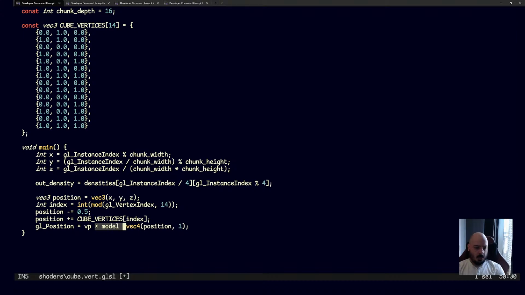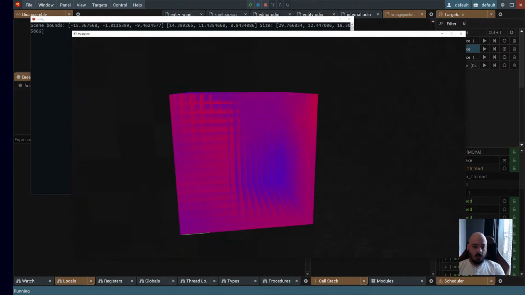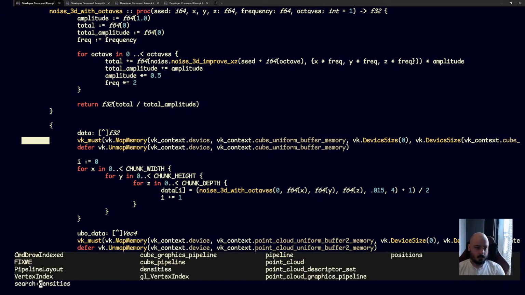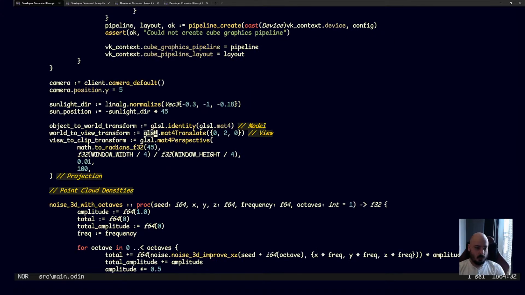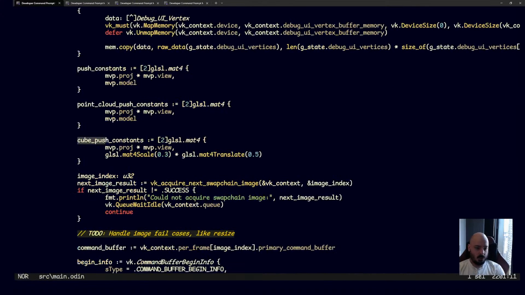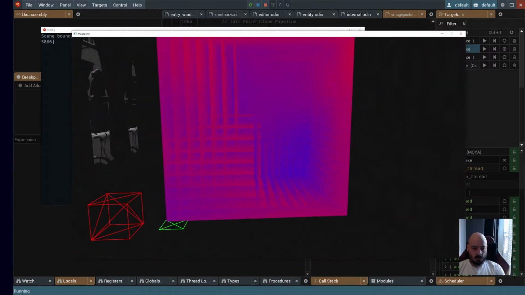Oh, I didn't add the model in here. That's probably gonna, yeah, there we go. Okay. Where was it? It was called cube push constants. Here we go. So scaled by 0.5, translated by 0.5. Hmm.